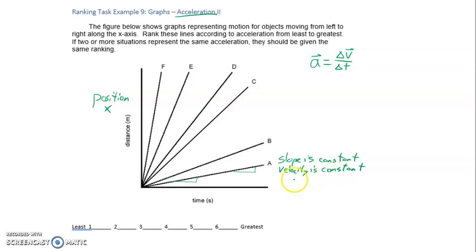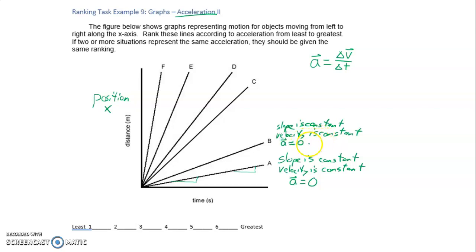And if the velocity is constant, then we know what about the acceleration? That's right, the acceleration is equal to 0. And then we go to case B, and we see that for B, the slope is constant. And if the slope of B is constant, then the velocity for case B is constant. And if the velocity is constant, then we know the acceleration is constant.